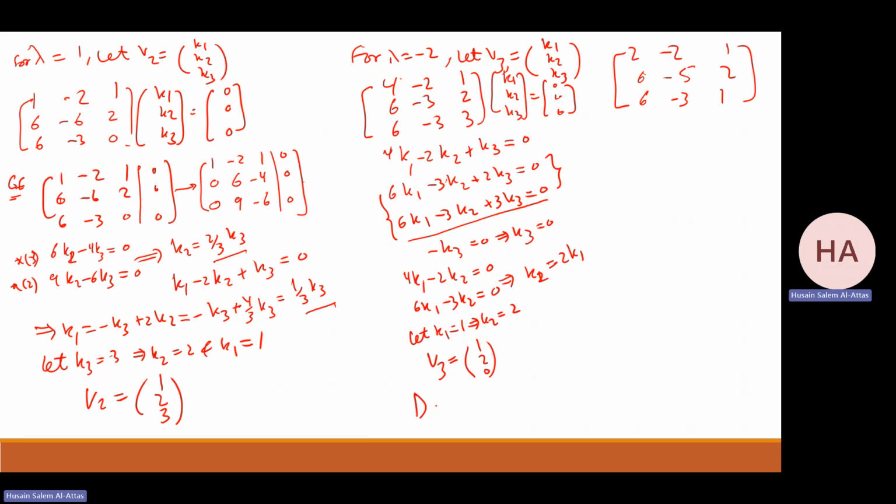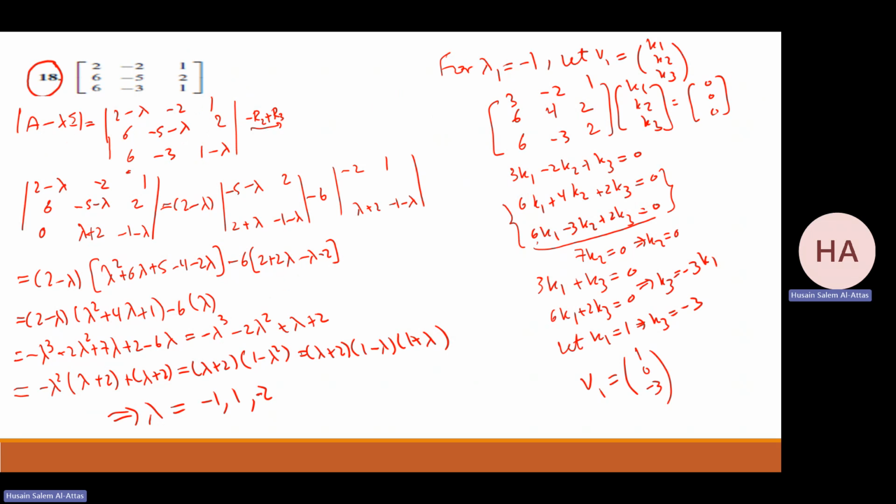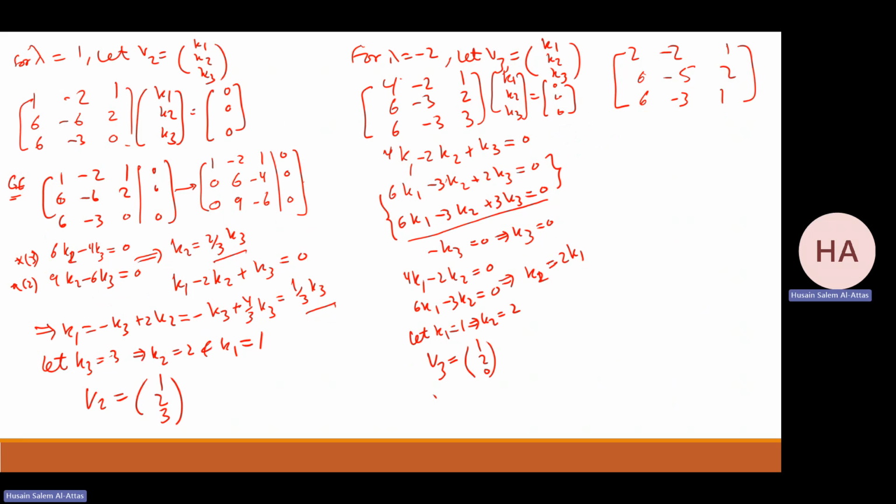So it's diagonalizable, for sure. Actually, from here, since I have distinct eigenvalues, so it is a diagonalizable matrix. No need to wait until the end. So what will be D? D will be, I have -1, 1, -2. I did it this way.